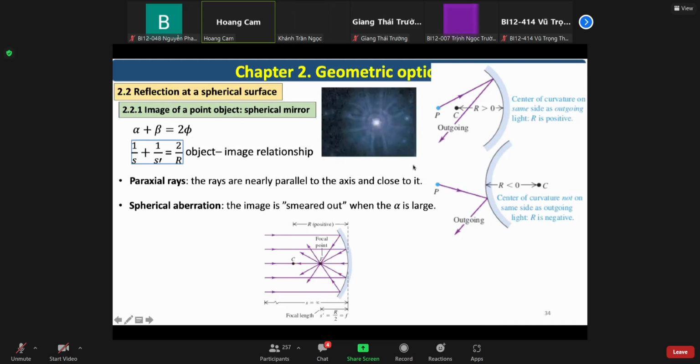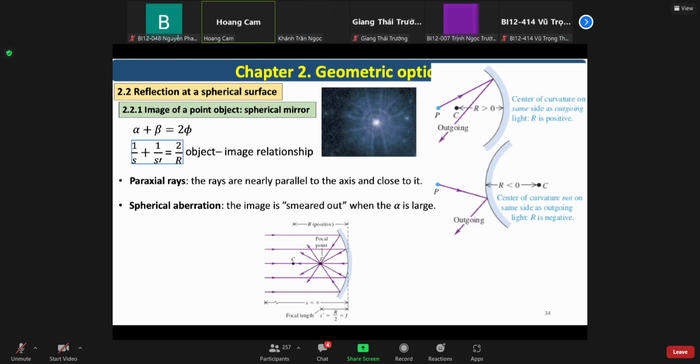In the case in which we observe big objects far away, we have a quite large alpha, and in that case you will face an optical phenomenon we call spherical aberration. In this situation, the image seems to be smeared out.